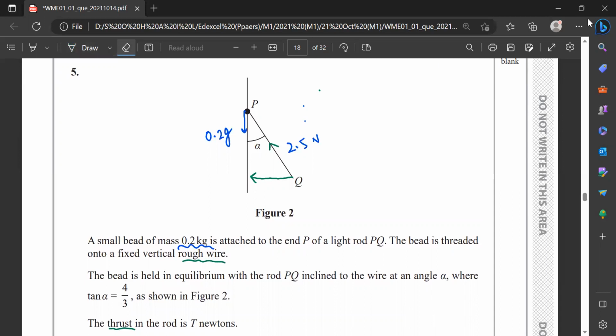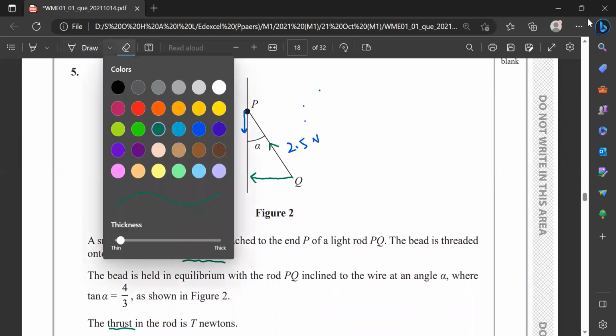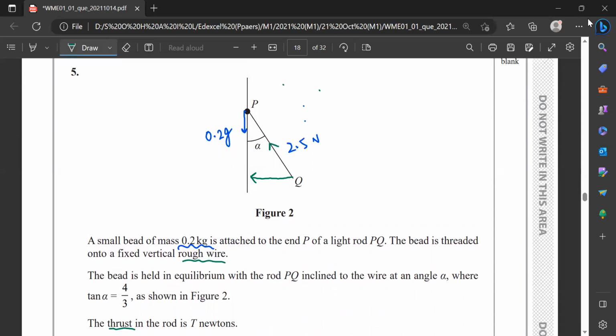So these are the two components: 2.5 sine alpha here and 2.5 cos alpha here.